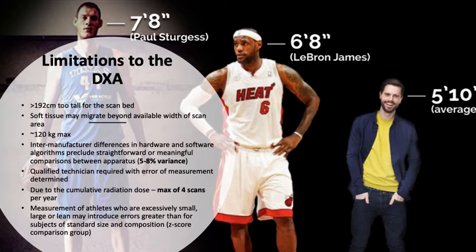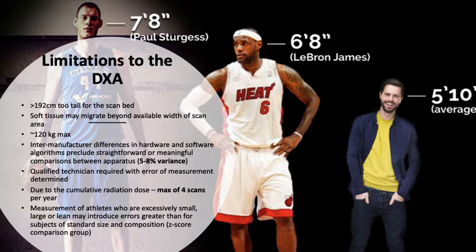You also require a qualified technician with a known error of measurement, which is really important. You can only have a max of 4 scans per year due to the accumulated radiation dose. And the measurements of athletes who are excessively small, large, or lean may induce errors greater than for subjects of standard size and composition.